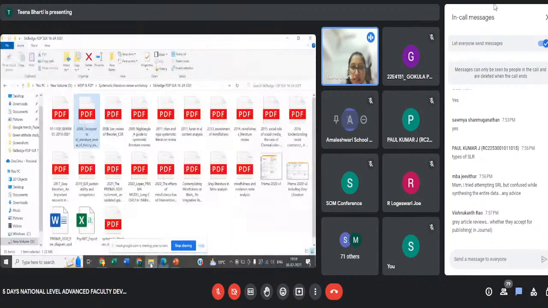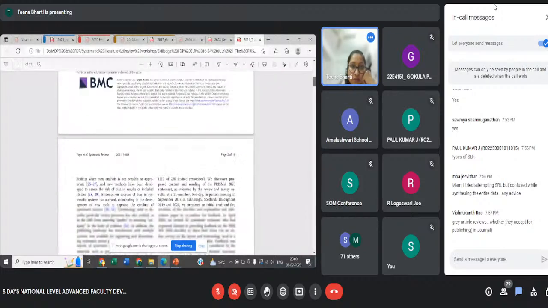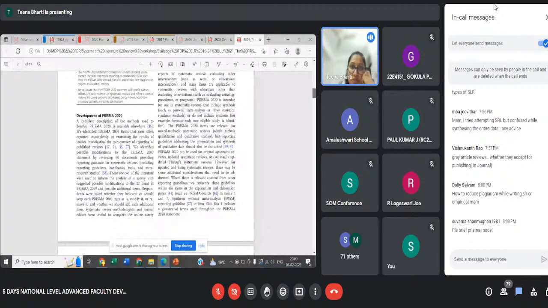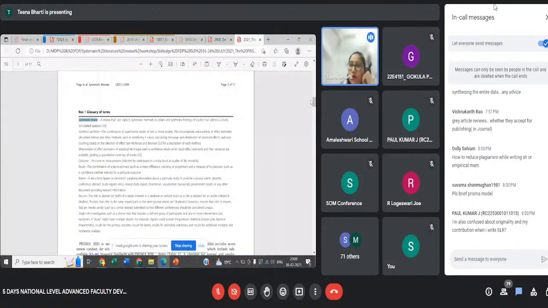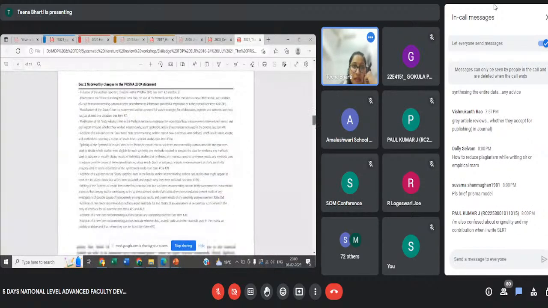There is another article which talks about the Prisma model, and because of the paucity of time, I'll quickly share it with you. Prisma is often asked about, so this is another type of review. Systematic reviews talk about a systematic way to collate the overall information.